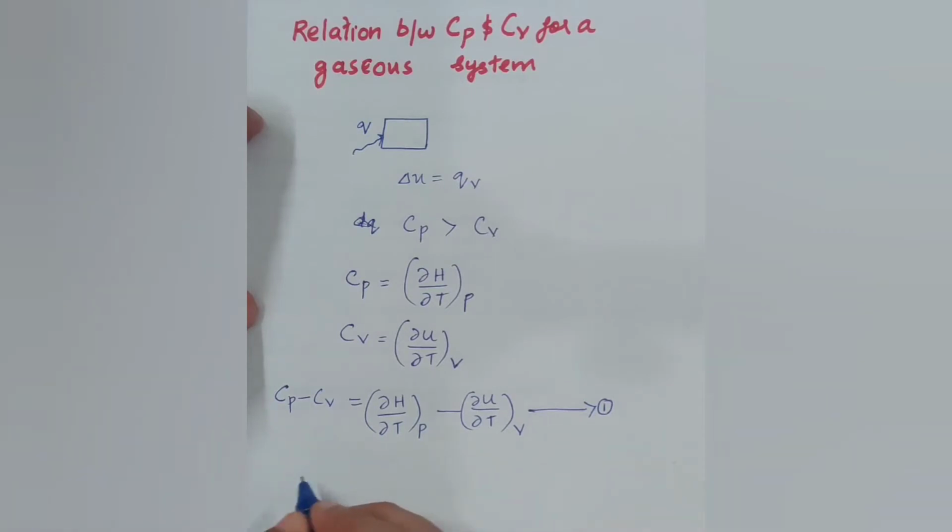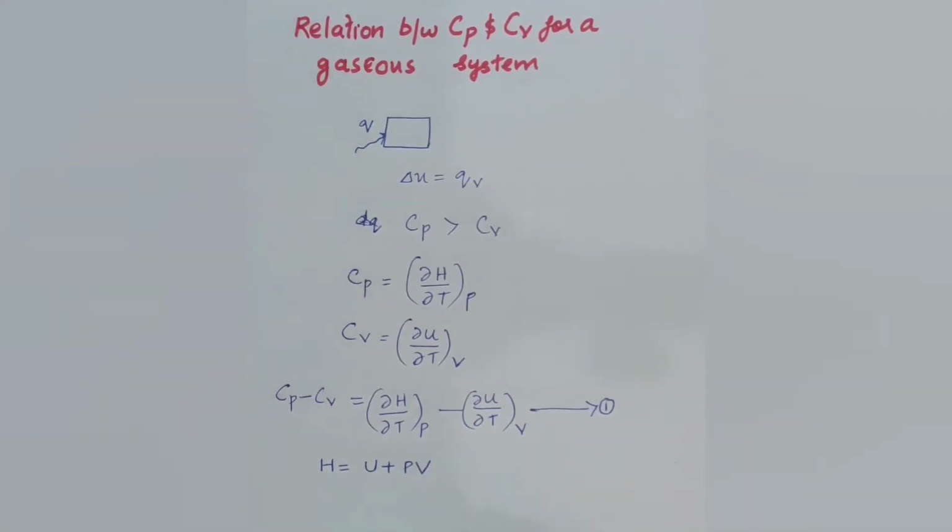We know that H is equal to U plus PV. This enthalpy is equal to U plus PV.